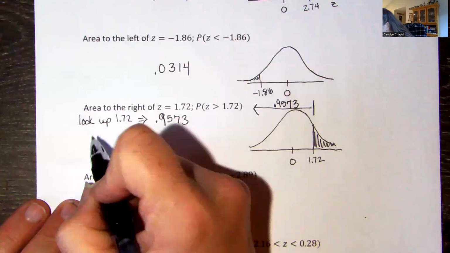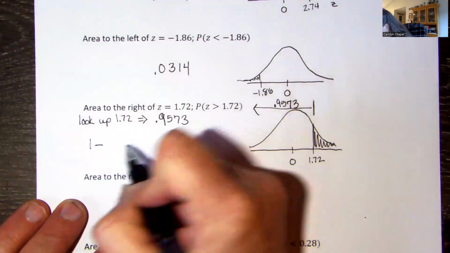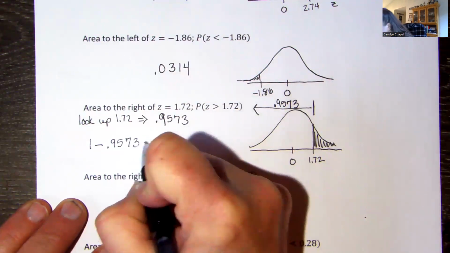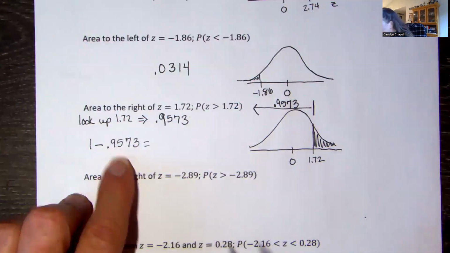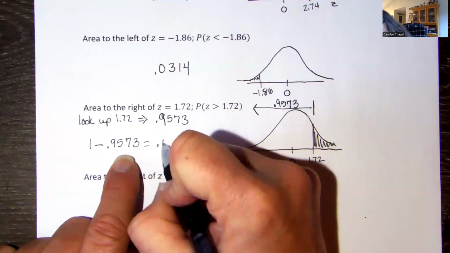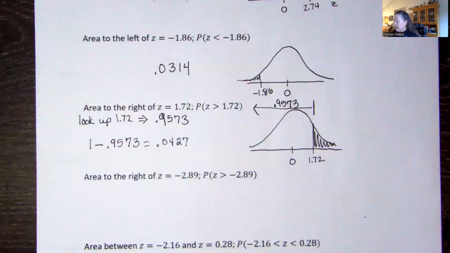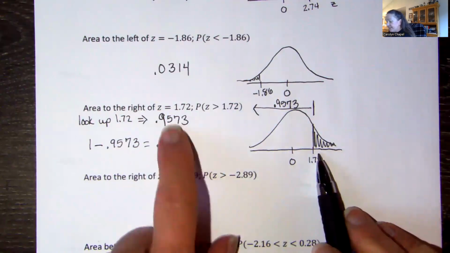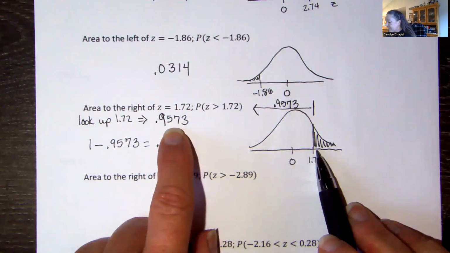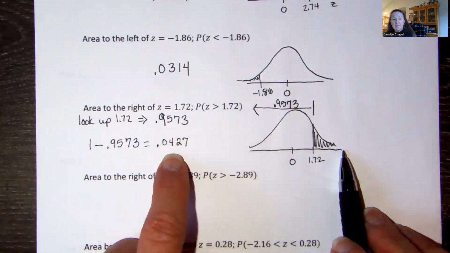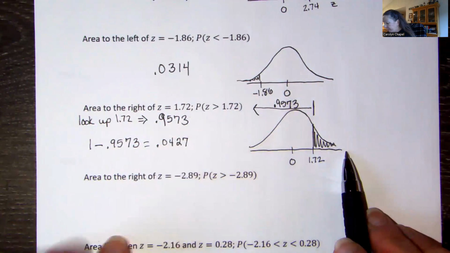So this is when we would do something like a 1 minus that piece. So subtracting that from 1, we get 0.0427. And again, you should realize that this is the correct answer because this is smaller than half. And so this one makes a little bit more sense.